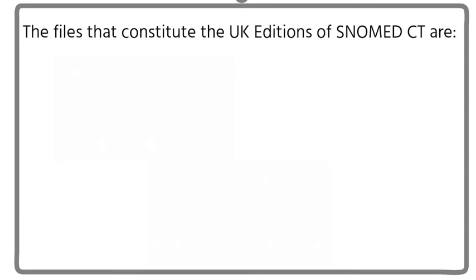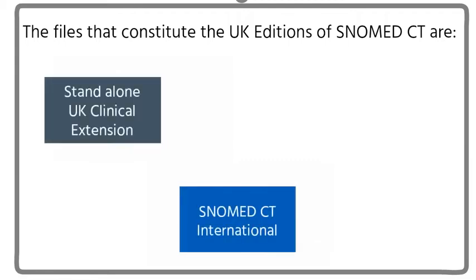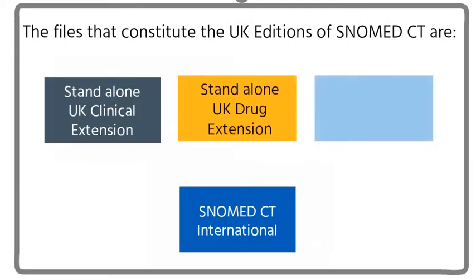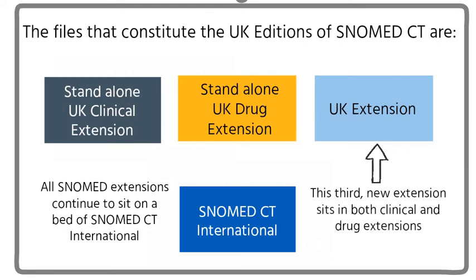The files that constitute the UK editions of SNOMED CT are currently as follows: a standalone UK clinical extension, a standalone UK drug extension, a UK extension. All SNOMED extensions continue to sit on a bed of SNOMED CT International. The UK extension, this third new extension, sits in both clinical and drug extensions.